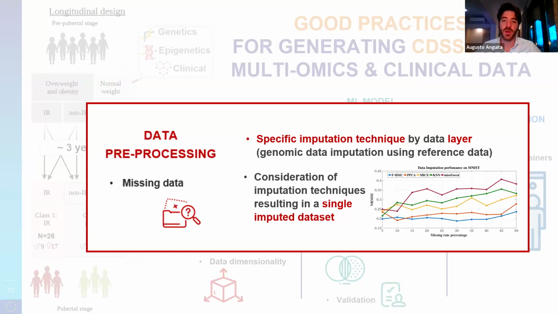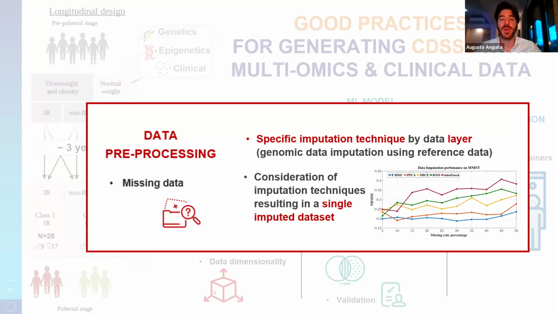For that, I know that in many exposome fields it is very common to use imputation techniques such as MICE, which gives us multiple imputed datasets to address uncertainty during the imputation.